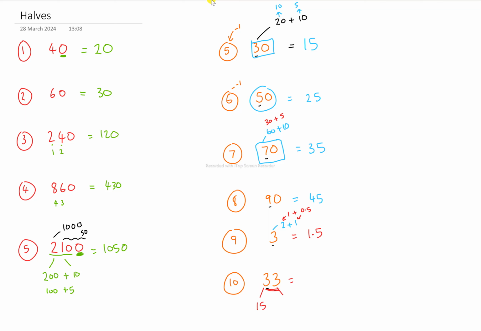What's half of 3? You should know it's 1.5. So what will it be? 16.5. Or you can say, I know 33 is 32 plus 1. I know half of 32 is 16. Half of 1 is 0.5. So the answer is 16.5.